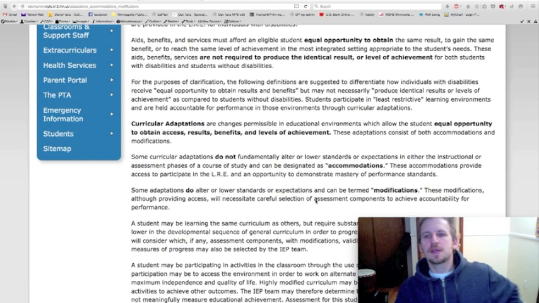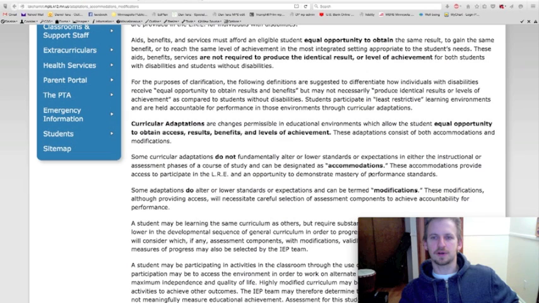So the special education team will have to determine which is most appropriate, accommodations or modifications, for various scenarios. And some students may need accommodations for certain parts of the school day, whereas they may need modifications for assessment or other parts of the school day.